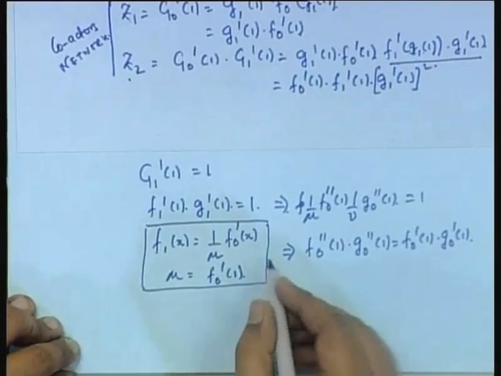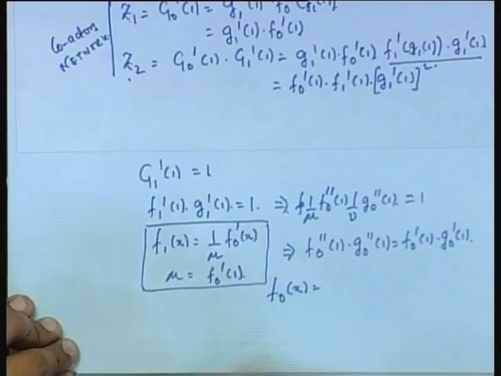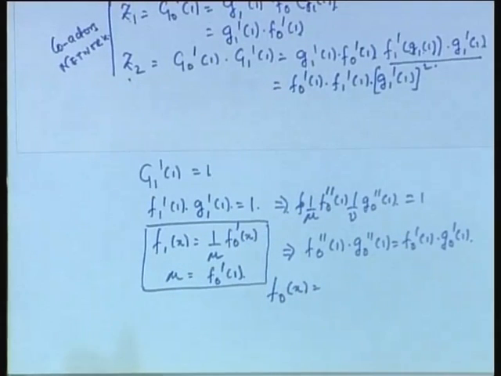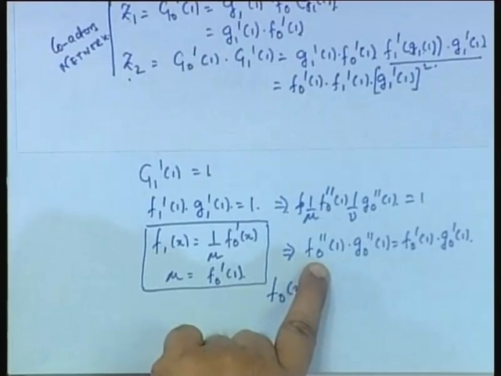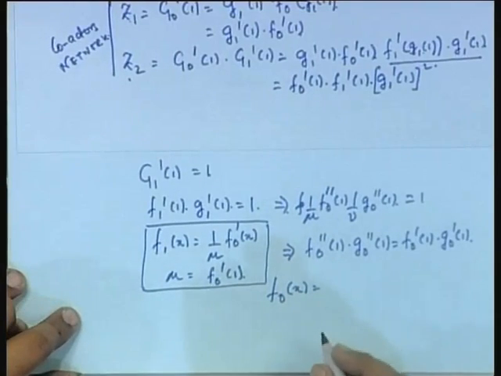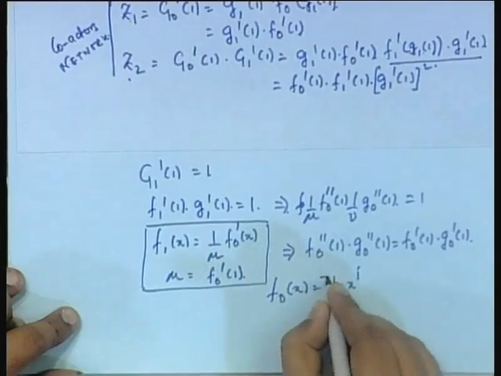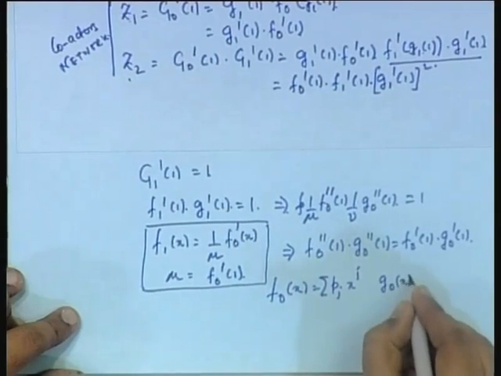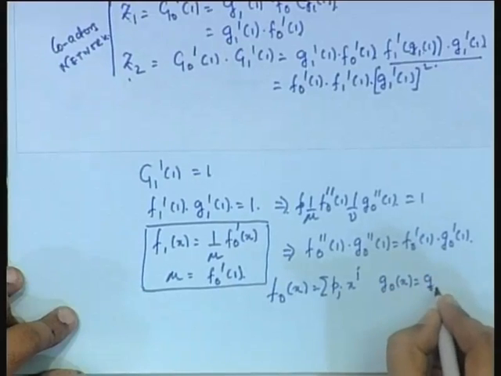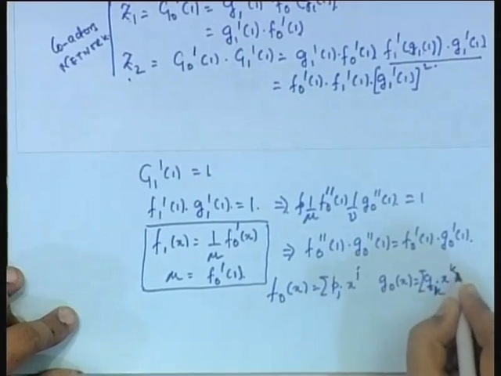Is this step okay? What is F0 x? It is the summation of Pj x to the power j, if you remember, and G0 x was the summation of Qk x to the power k.